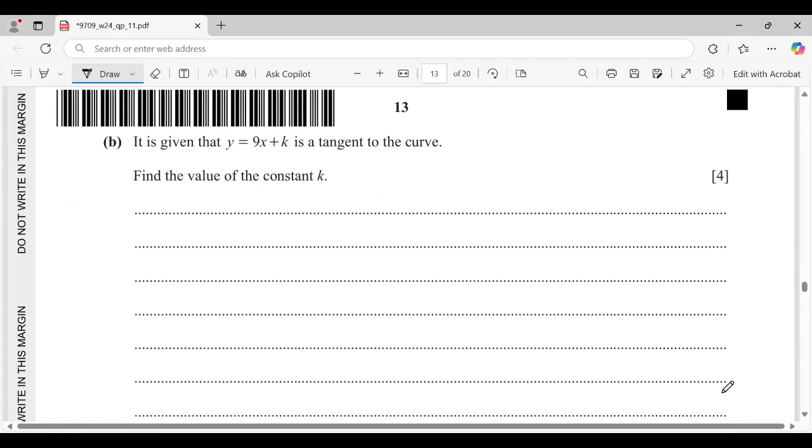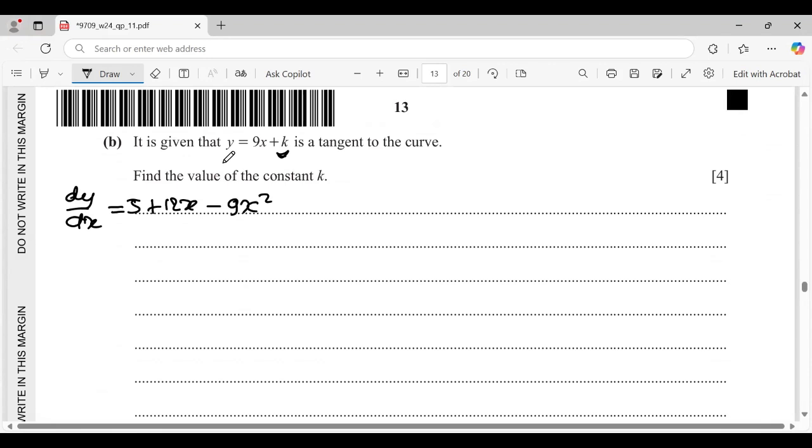It is given that y equals 9x plus k is a tangent to the curve. Find the value of the constant k. So we are going to find this k. From part A, given that dy/dx equals 5 plus 12x minus 9x squared.